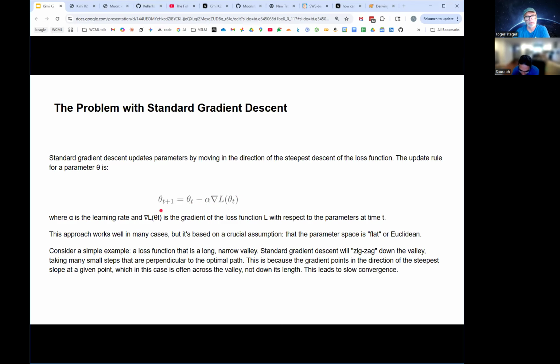This is standard, this is SGD, this is how it works. But one of the things that makes it difficult is, I'd never heard it phrased quite this way, that it's based on the assumption that the parameter space is flat or Euclidean. So it's treating all dimensions as equal, and that doesn't work.